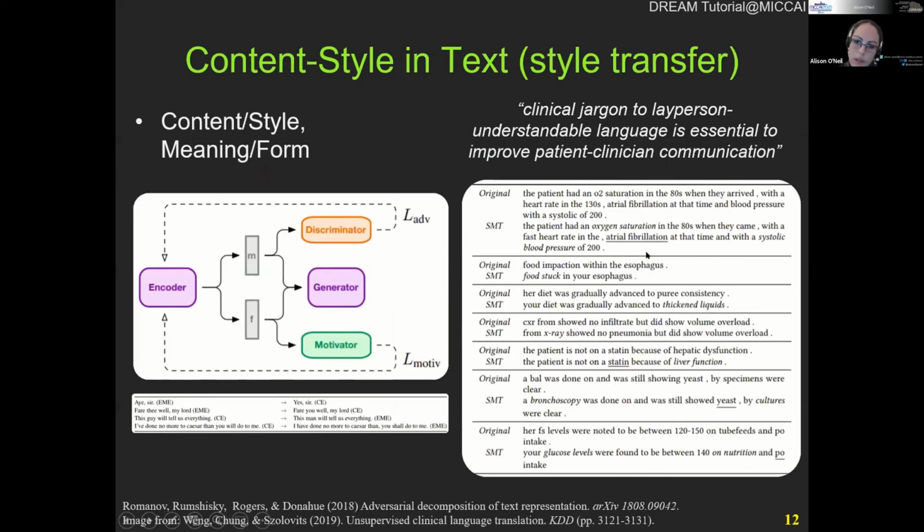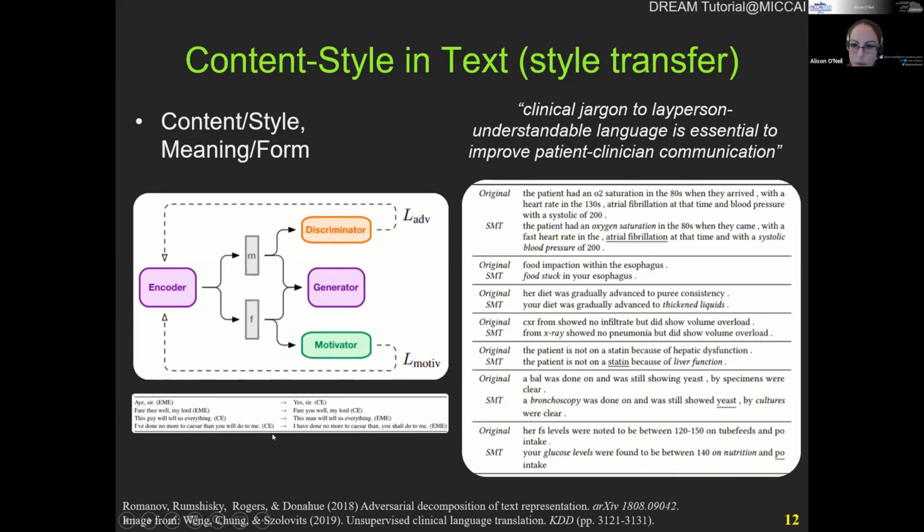We might want to do style transfer. This is a paper that shows how style and content in this case have been described as form and meaning. And they've been able to convert original text to text which sounds Shakespearean.